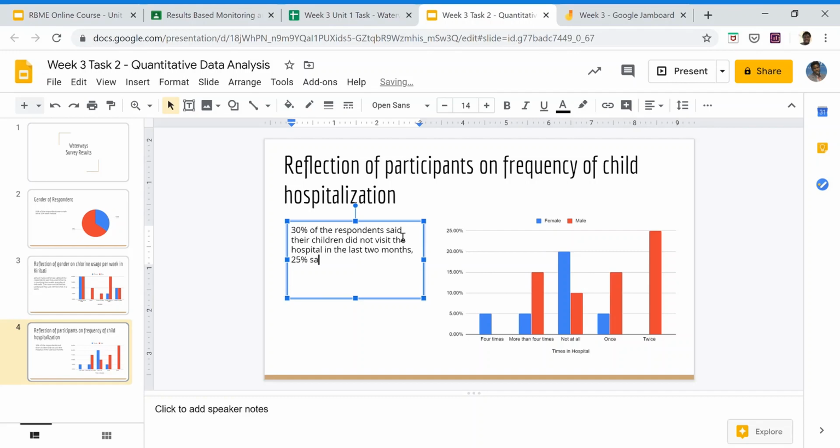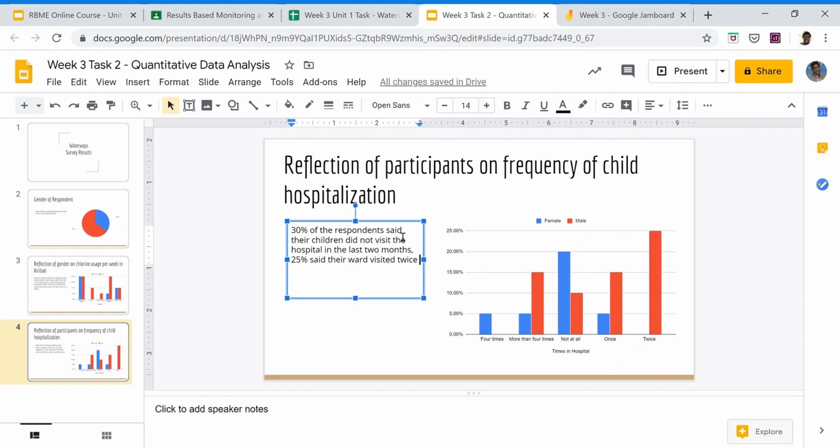25% said their ward visited twice. So let's look at once.